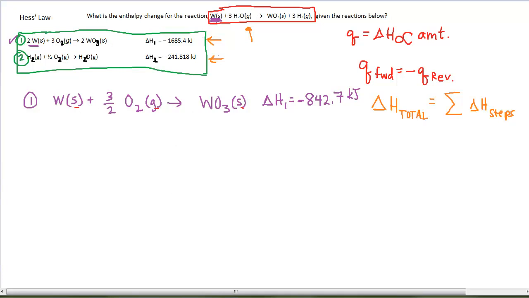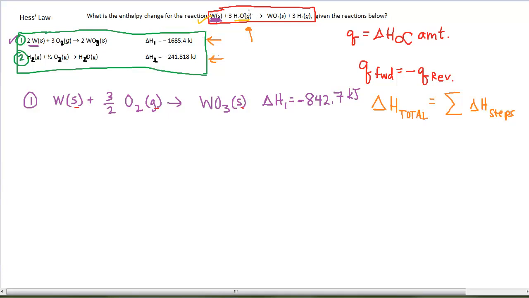All right, next, my next step in trying to figure out what the delta H is for this top reaction is I need to match something else. So I might move on to the H2O and try to match it. And again, what I might find is that H2O shows up in this first reaction that I've already manipulated. In that case, I'm going to skip it and move on to something else.